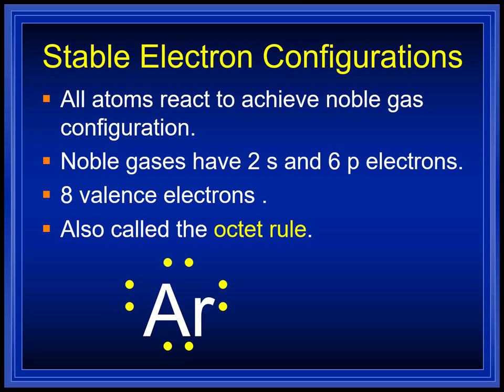Now, it's a fine point, but it's important. The octet rule is not that you end up with 8 valence electrons. The octet rule is that you end up looking like a noble gas, because you can end up looking like a noble gas and not have 8 valence electrons. Is hydrogen going to gain 7 electrons?